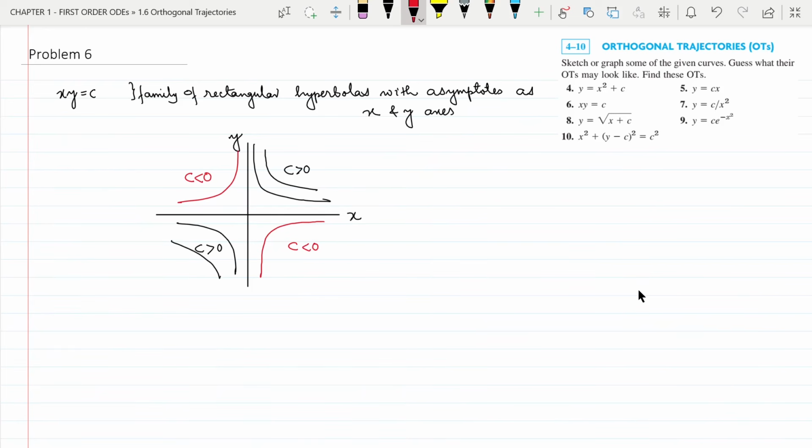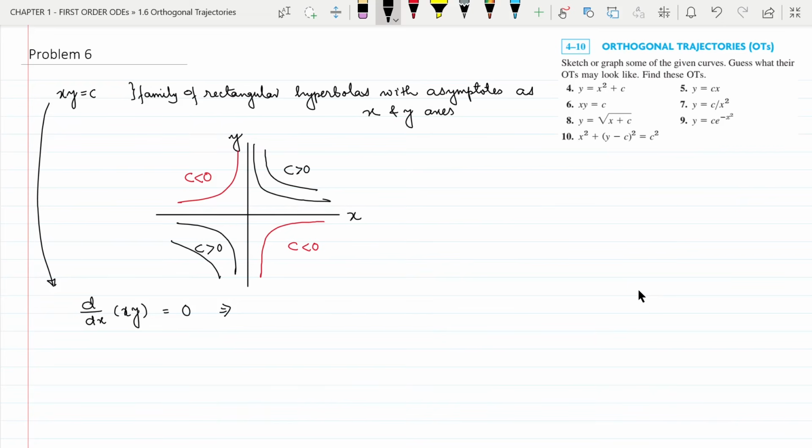Now we have to find the orthogonal trajectories for these hyperbolas. So for that we will differentiate this equation both sides, and we will write d by dx of xy equal to 0 on the right hand side, because c is a constant. We have differentiated it with respect to x to obtain dy by dx or y dash.